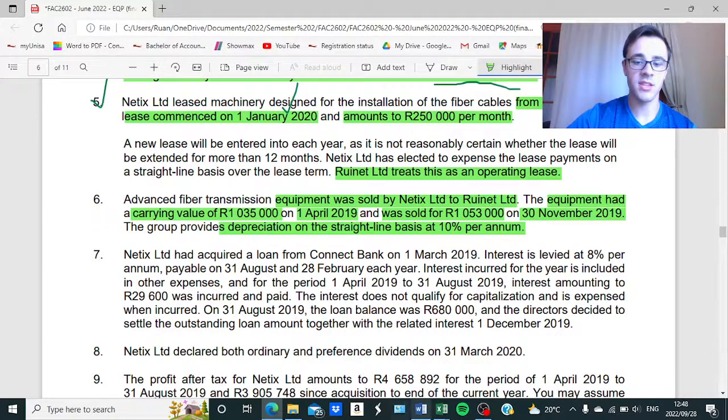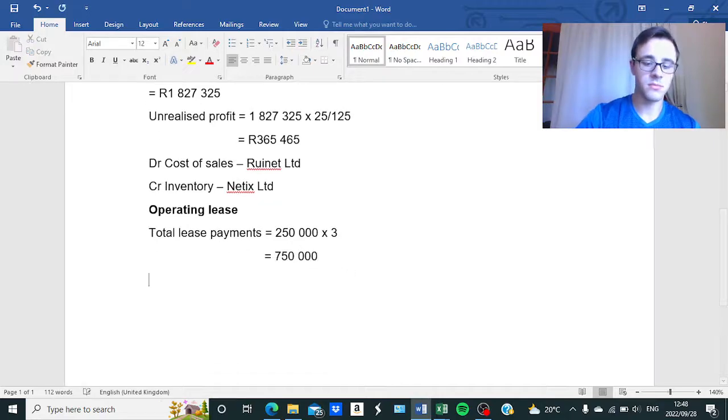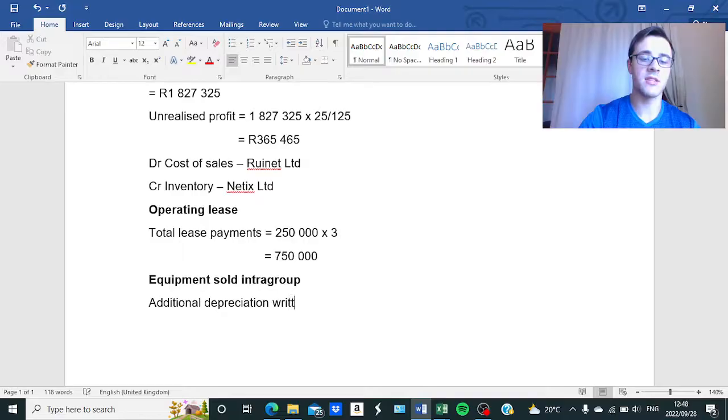So first we calculate the additional depreciation written off. Equipment sold intergroup, because it was sold by the subsidiary to the parent. So additional depreciation written off, and this will appear in Netix Limited records, remember, because they sold the equipment, so they would have written off additional depreciation.